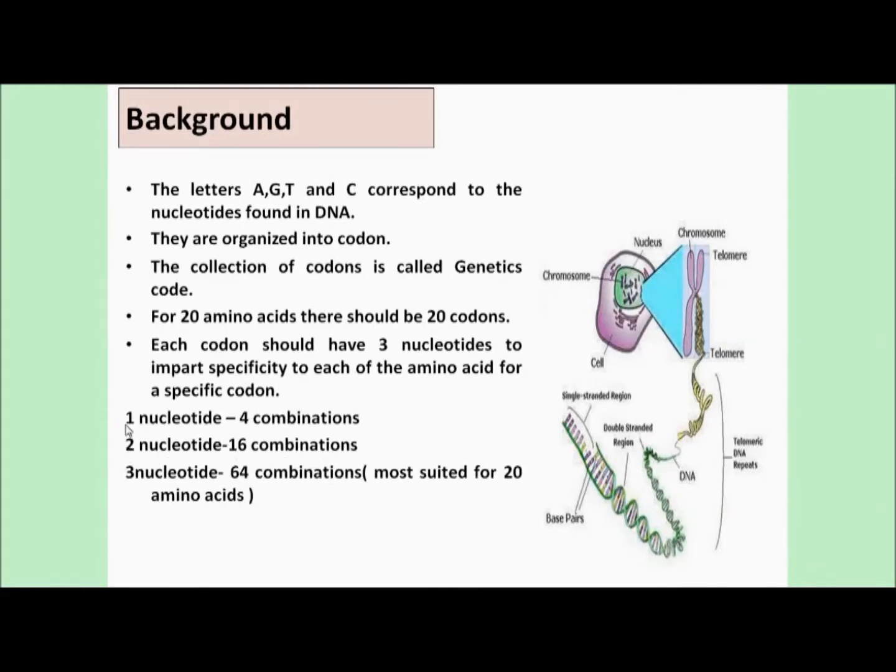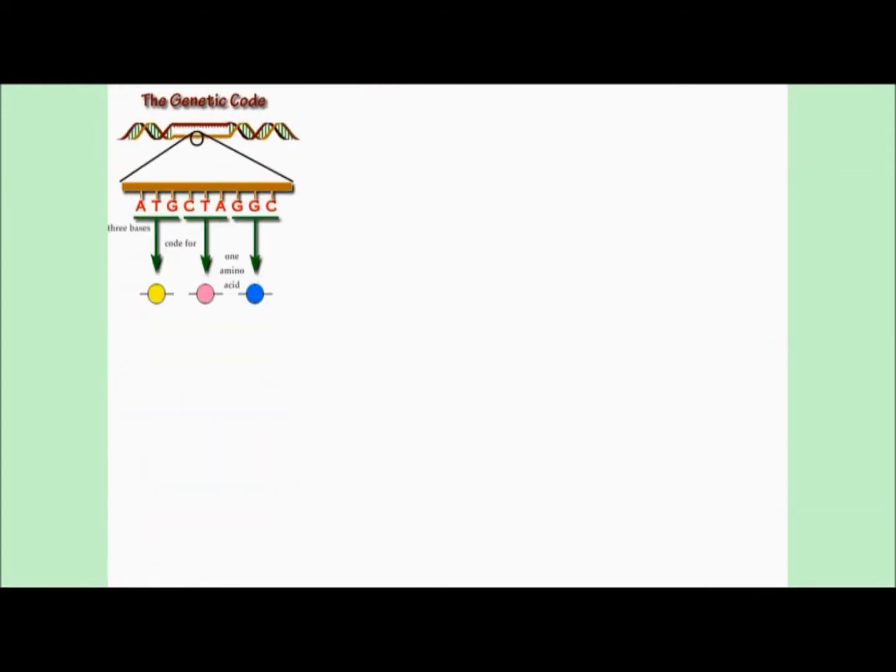One nucleotide can have 4 combinations. 2 nucleotides will have 16 combinations. 3 nucleotides, that is the codon, will have 64 combinations, and these 64 combinations are used for the synthesis of 20 amino acids, right? So these are the genetic codes.